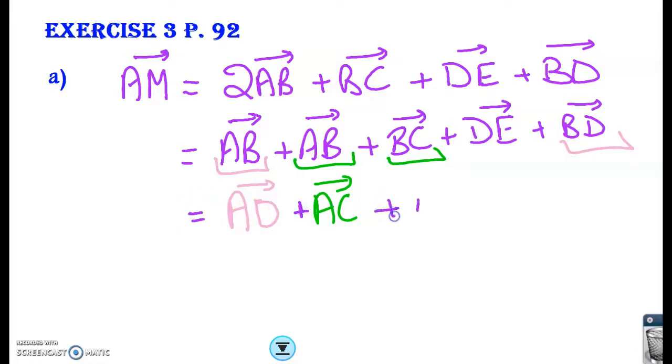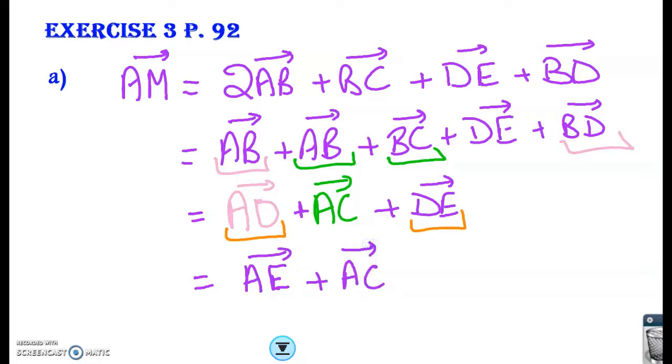And I will just add DE. Notice again that the ending point of this vector is the same as the starting point here. So I can combine them again. So I can combine this with this to get AD plus DE, which is AE. So we have AE plus AC.